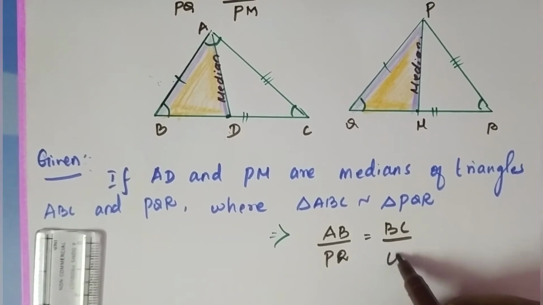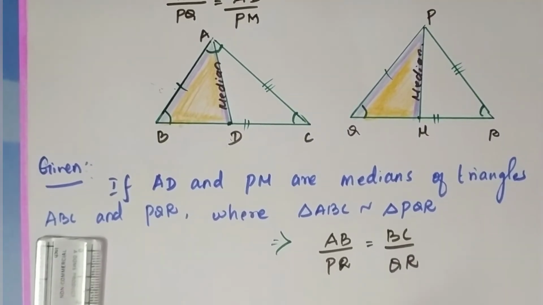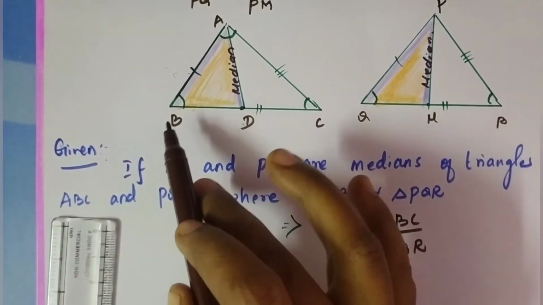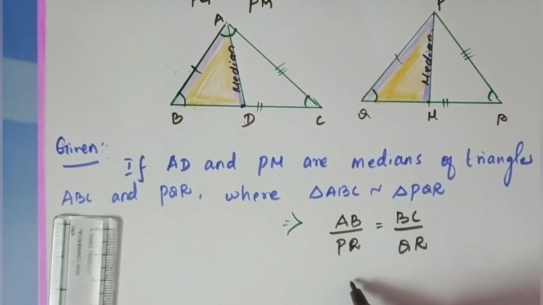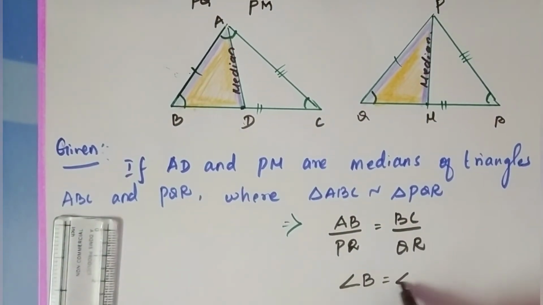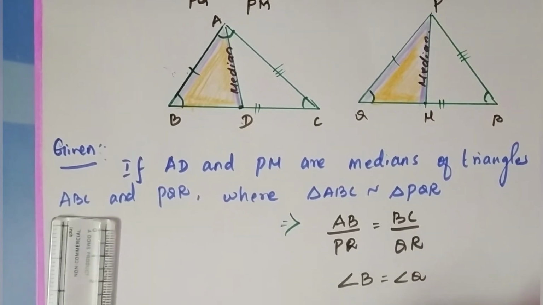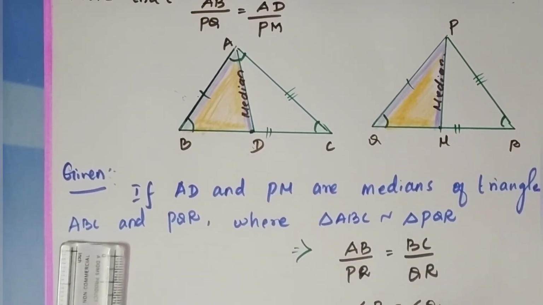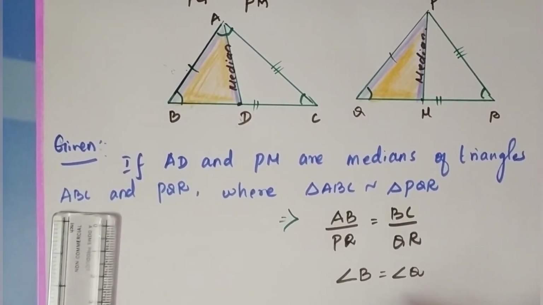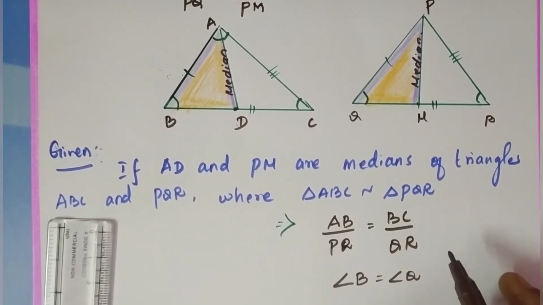These two alone I'm going to take, and we can tell that the angles are also equal. Angle B is equal to angle Q. We can tell for all the angles: angle A is equal to angle P, angle C is equal to angle R, everything we can take.